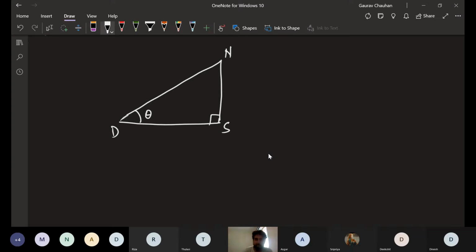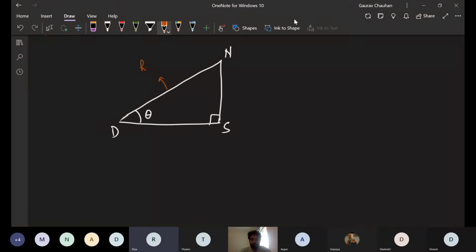For this angle, I had given some relative names to the different sides. Could someone clarify which side is which for this angle theta? Riza, go ahead. Side ND will be the hypotenuse.